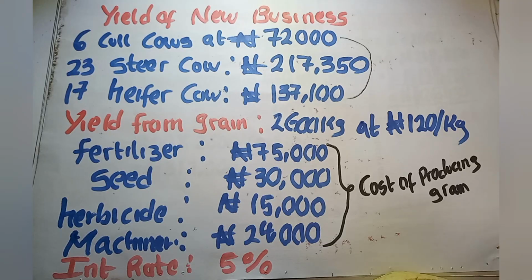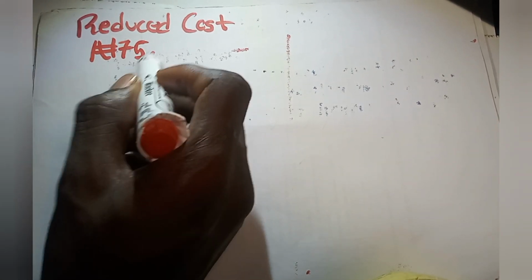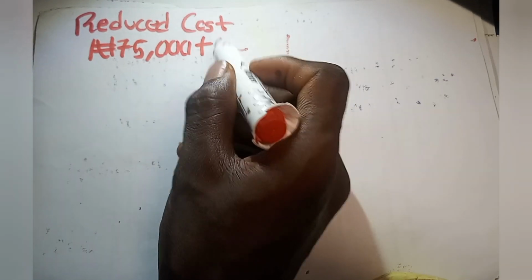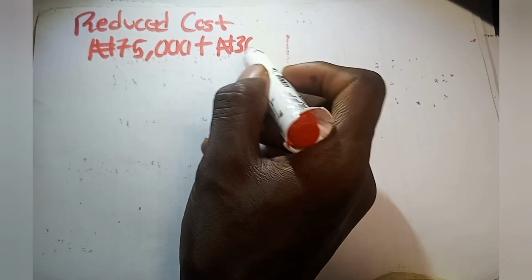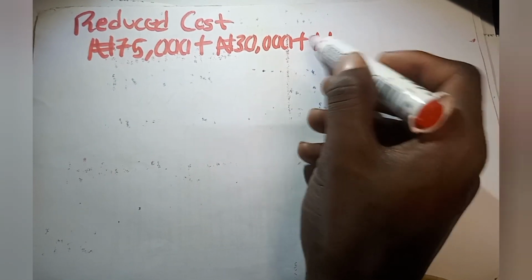Just follow me carefully. So the reduced cost now will be the cost of fertilizer, that is 75,000 naira, plus the cost of grain seed, that is 30,000 naira, then plus the cost of herbicide.